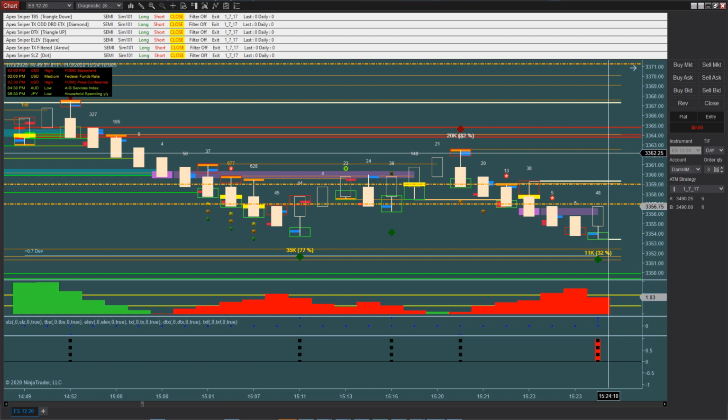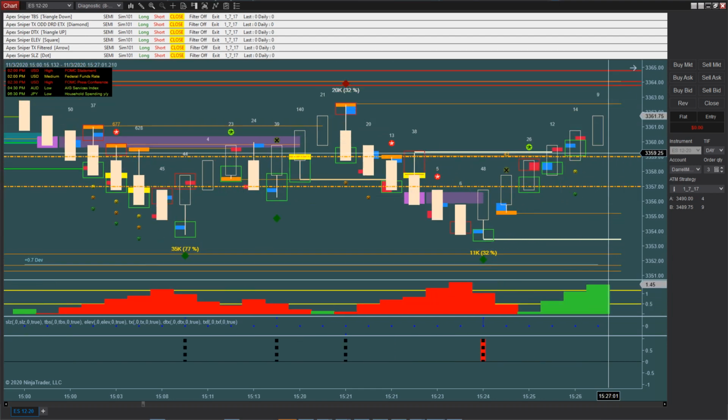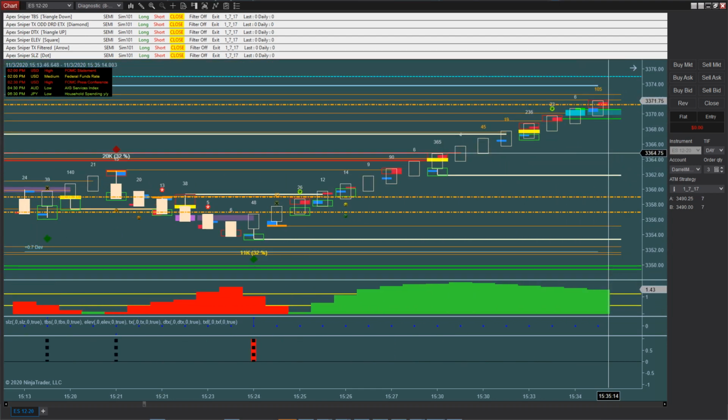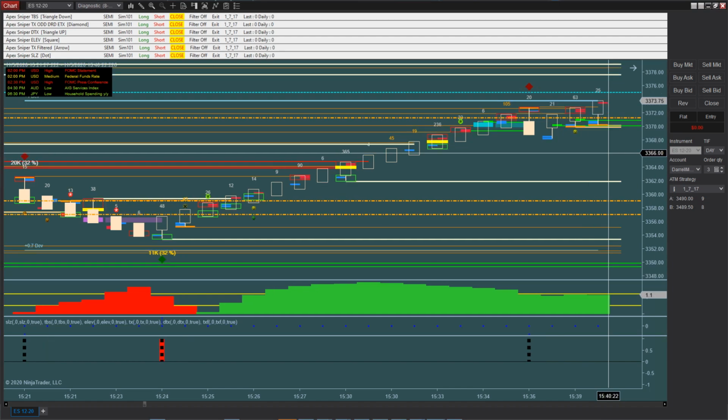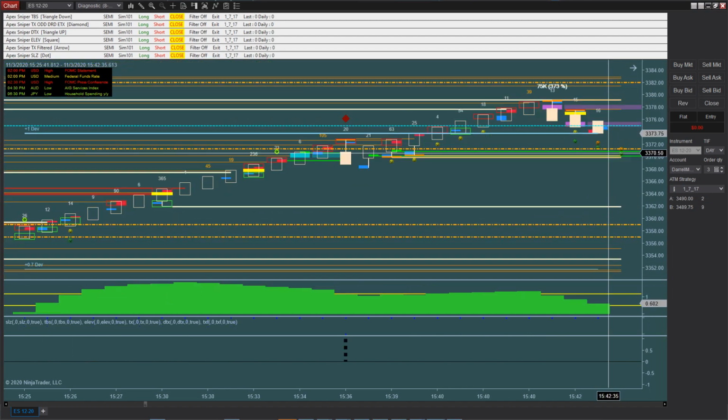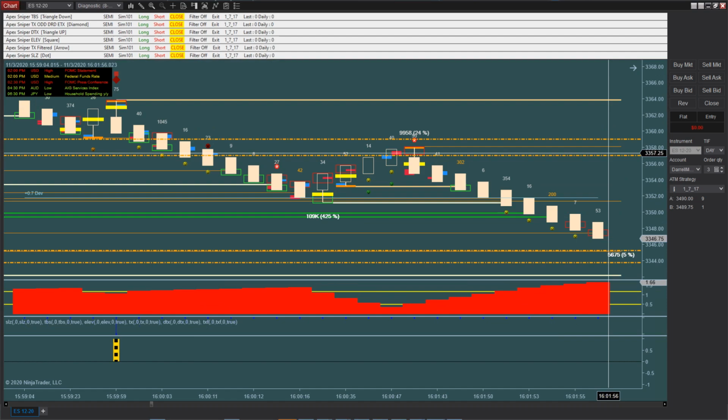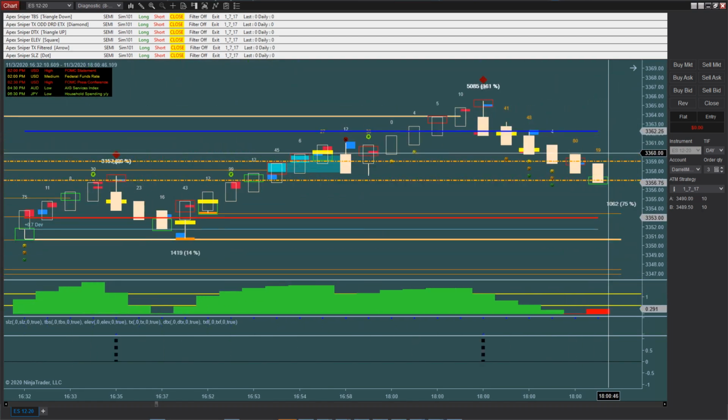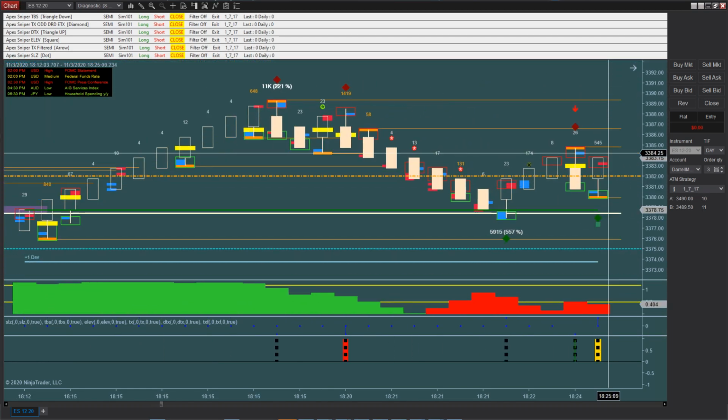You could probably justify a range bound on it, but it's into a dynamic magnet. It just laid a new mini magnet. It's not coming off a level. We're getting pretty close to 10.